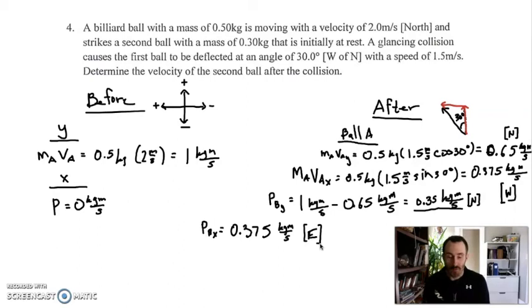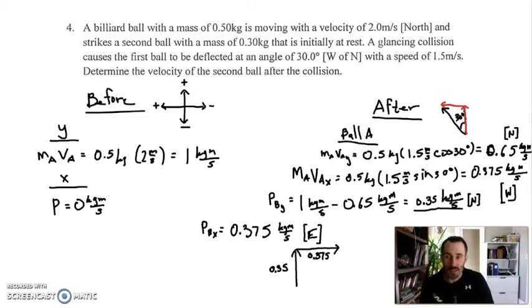Okay, and so what we've got then is a triangle situation where we've got the north momentum like this. So we have the north momentum of ball B, which is 0.35. And we have the east momentum of ball B, which is 0.375.